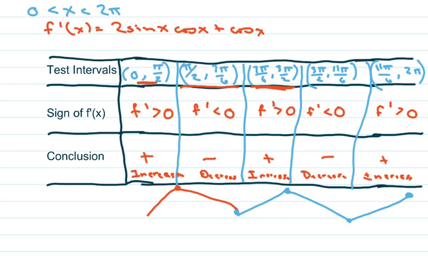And so basically what we have is a maximum at pi over 2, a minimum at 7 pi over 6, a maximum again at 3 pi over 2, and then a minimum at 11 pi over 6.